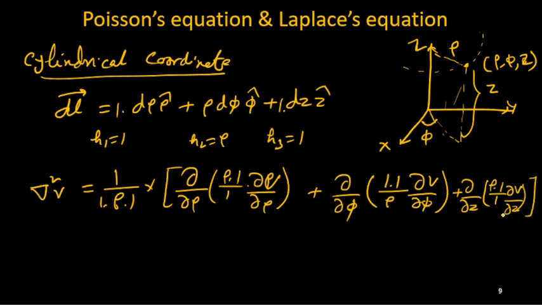Now we can simplify it a little bit. This rho I can take outside because it is a function of rho. So the first term becomes 1 upon rho, del del rho, of rho times del V del rho.